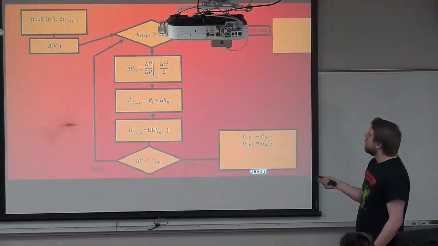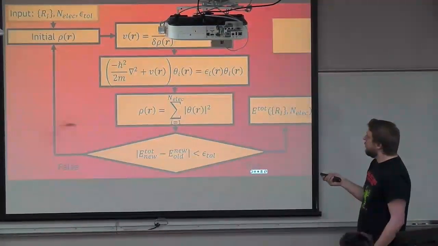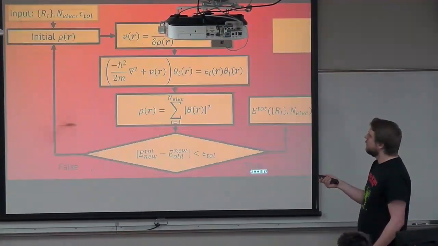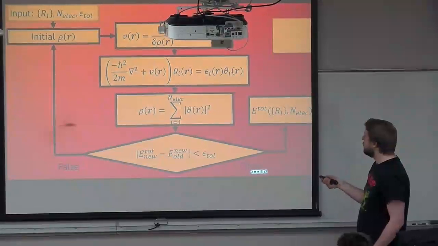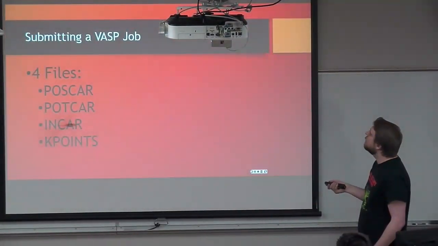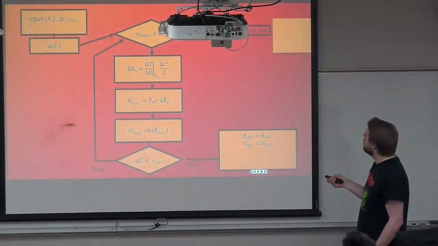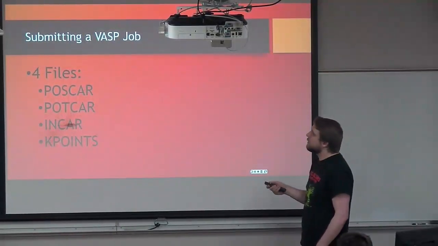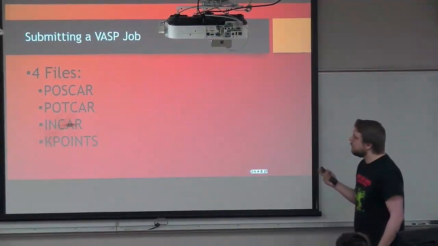So the previous slide I showed you is basically a longer version of this. Every time you get to this loop, it'll run through this until you reach the tolerance. And if you do that enough, you'll get updated geometry.